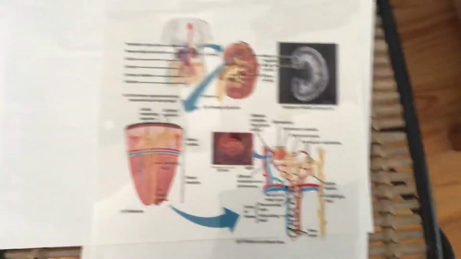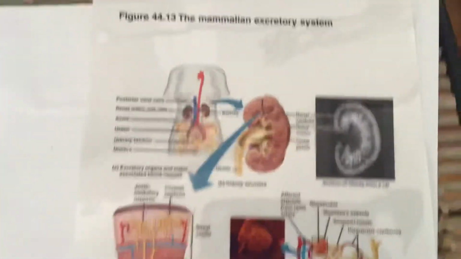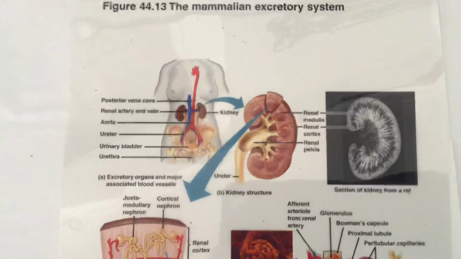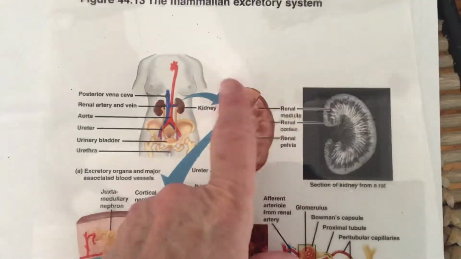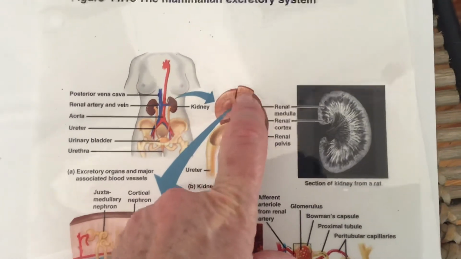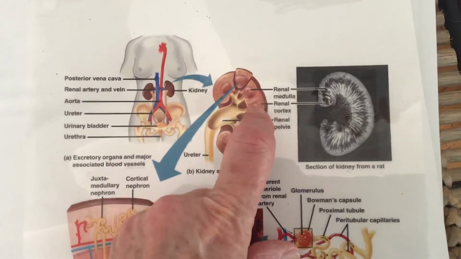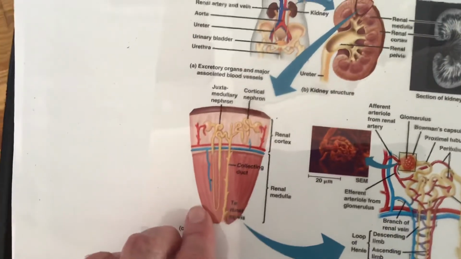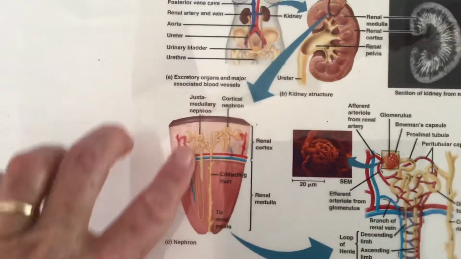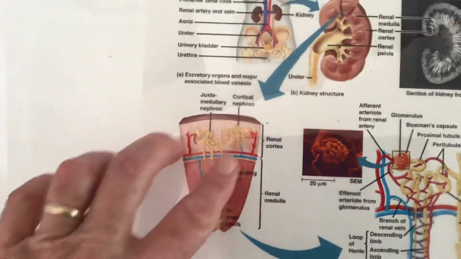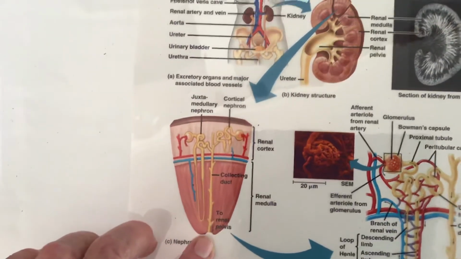First of all, if you look here at the kidney, you can see what it looks like on the outside. If you take one of those little pieces, and you can see there's a bunch of those, what we're looking at is a whole lot of tubules, or one little section that has the collecting ducts right here. You can kind of see that.